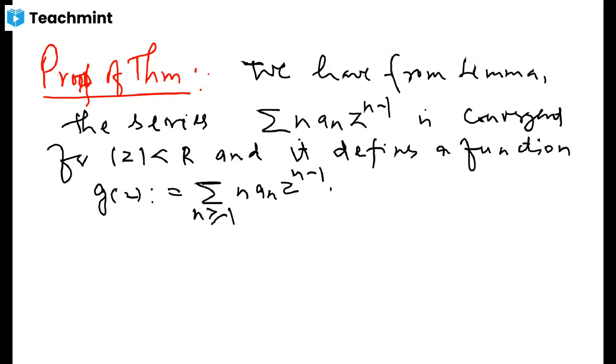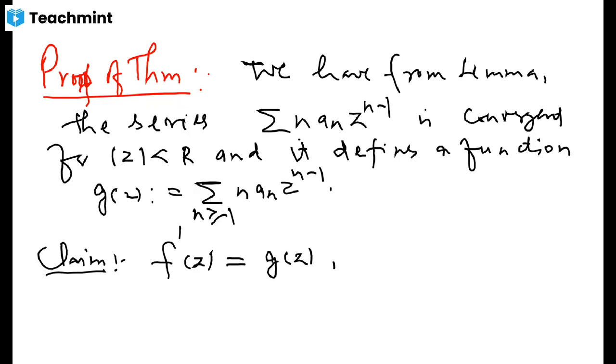That means with these notations, now we are here to show that this function f is differentiable and its derivative is equal to g of z. We will show this thing for each z in this disk of convergence. This is the disk of convergence. We have to show this thing. So let's begin this now. So how are we going to do this?